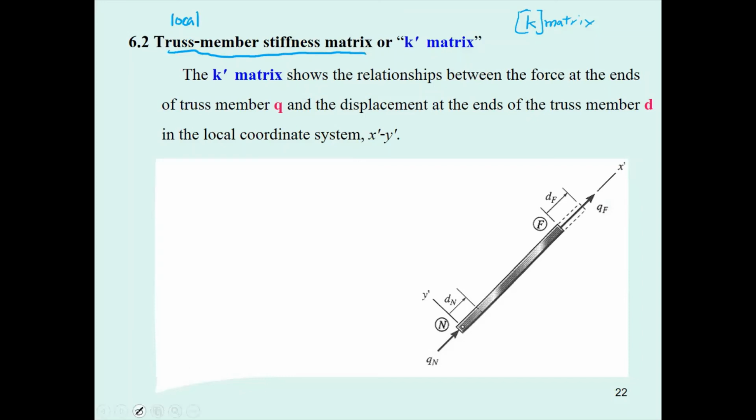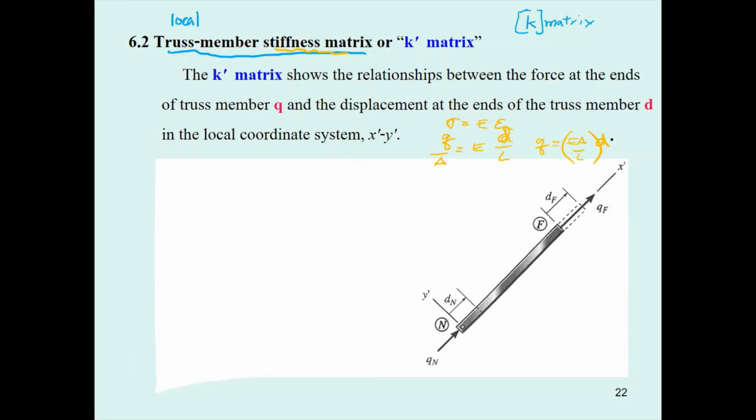And like I told you before, we have stress equal to modulus of elasticity times strain, and we have Q divided by A, which is the stress, equal to E times small d divided by L. So Q equals E times A over L, times d. That is going to be the stiffness of a member.